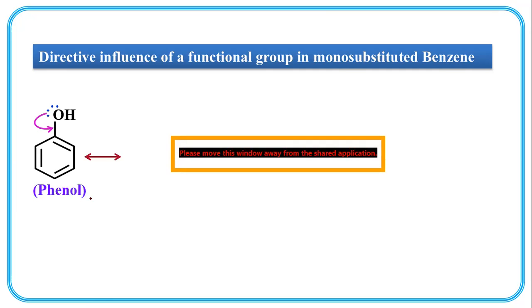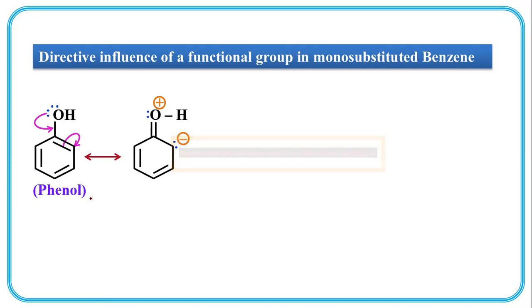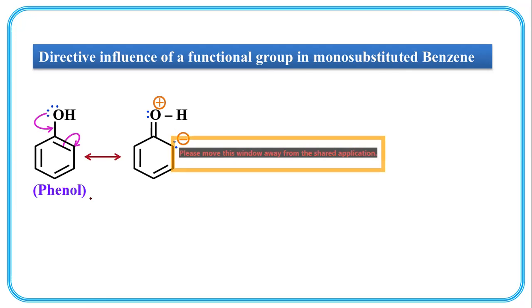Now here these electrons move away from the substituent in the conjugation system. So it creates a negative charge at the ortho position, or at the second carbon, and oxygen carries a positive charge.